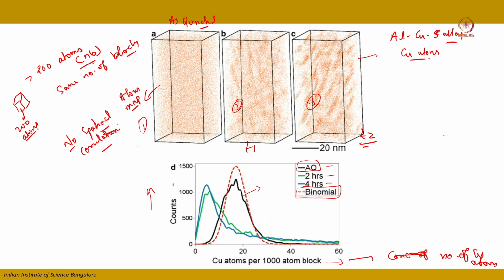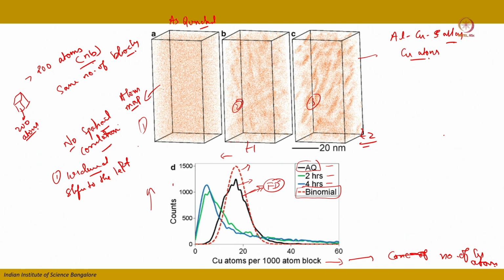But if you plot the frequency distribution, this black color curve, you can see that the experimental distribution, the black curve, gets widened and is shifted to the left. Compared to the binomial distribution, it got shifted to the left and also got widened.